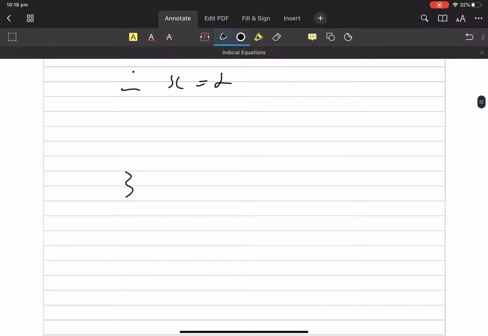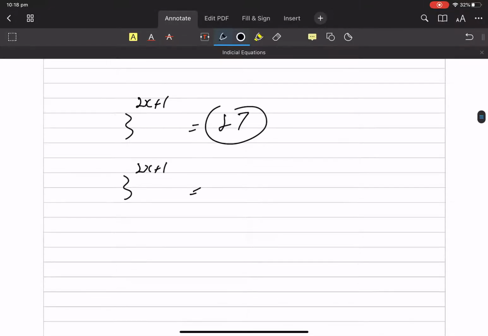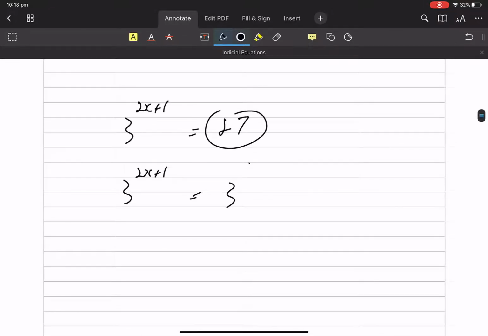How about 3 to the 2x plus 1 equals 27? We want to represent 27 as a power of 3. Then we go, therefore, 2x plus 1 equals 3. And x equals 1.